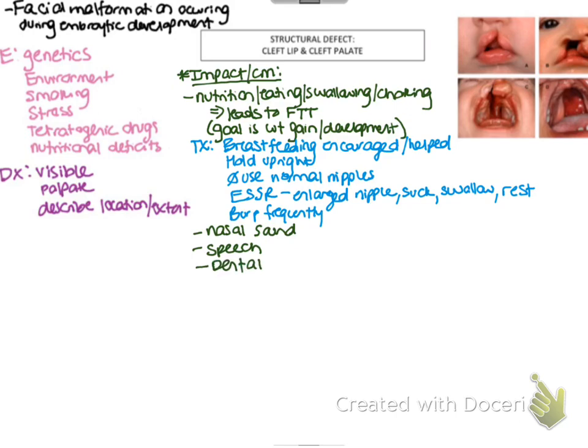So they oftentimes have a hard time with speech. There are dental issues, because if the palate's not there or the lip, the teeth don't come in. They can have hearing issues, especially if fluid gets backed up in the eustachian tubes. Sinus or ear infections, again, because all that fluid is backed up into the eustachian tubes.